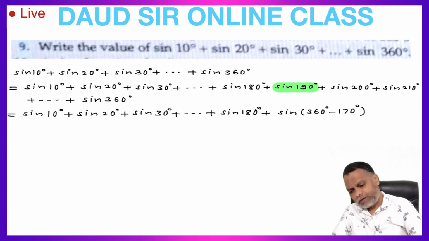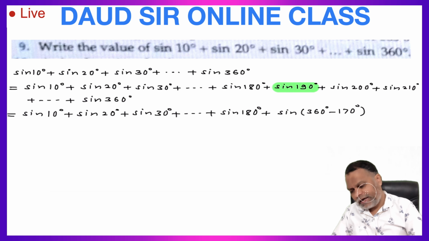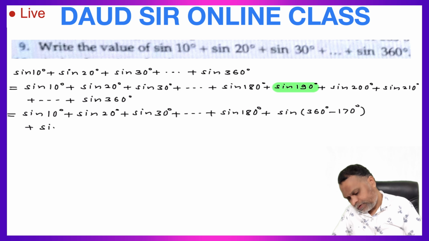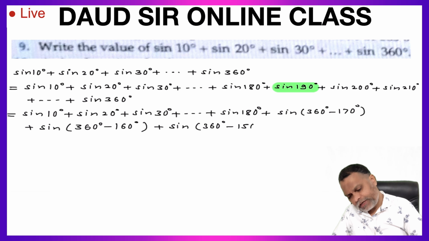Check this: 0 minus 0 is 0, 16 minus 7 is 9, and 2 minus 1 is 1. So 190 can be written 360 minus 170. Similarly, this sine 200 can be written 360 minus 160, and this sine 210 can be written sine 360 minus 150 plus up to dot dot sine 360 degree.